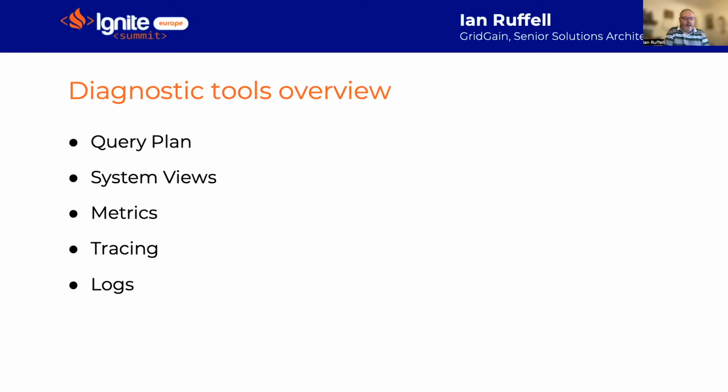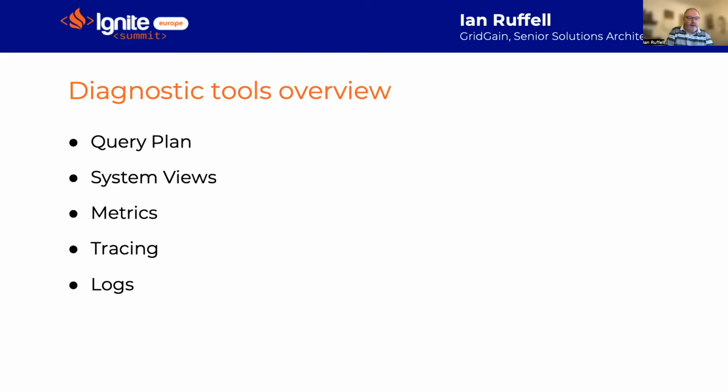So next, let's have a look at some of the diagnostic tools that we've got available to us. There's a query plan, so we can see exactly how the system has decided to execute the query. There are system views where we can look at various bits of information about queries that are running, how long they take to run, and all that sort of thing. There are also metrics that we can view.